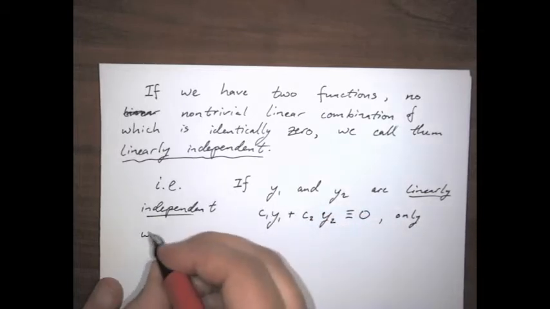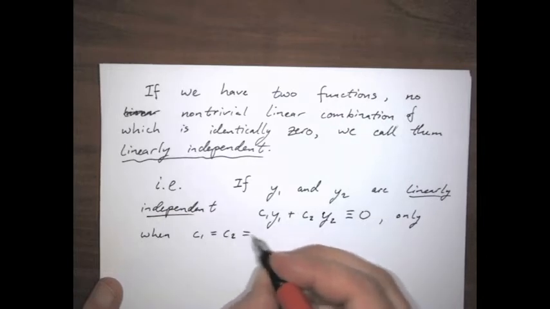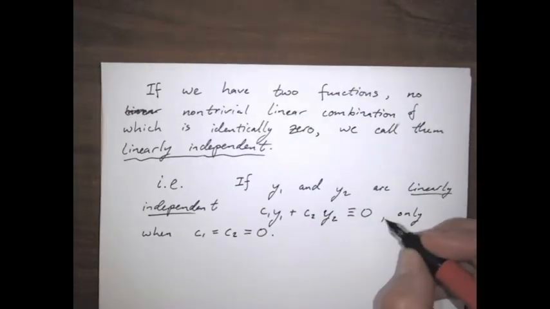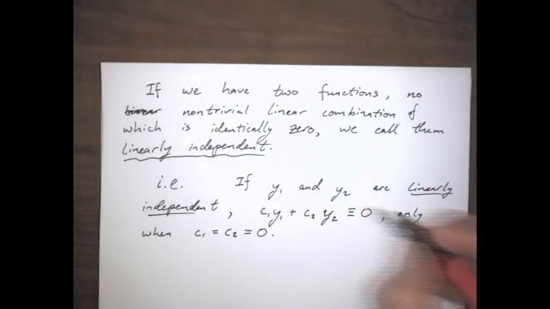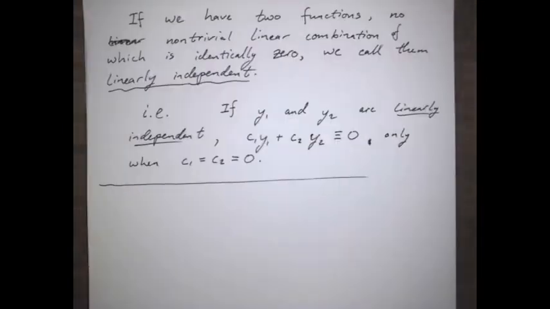Only when c1 is the same as c2, which is equal to 0. So that's that. So this amounts to the same thing. So effectively, for two functions, this is the same as just saying that one of them is not a multiple of the other.